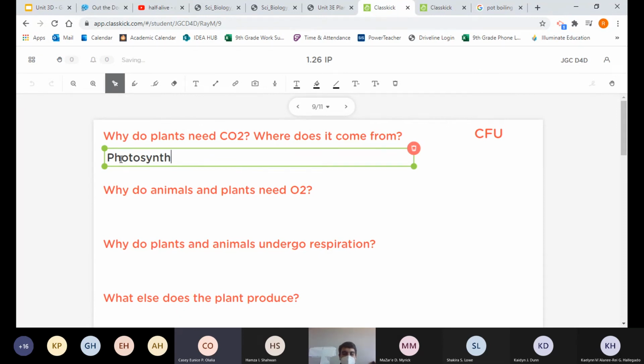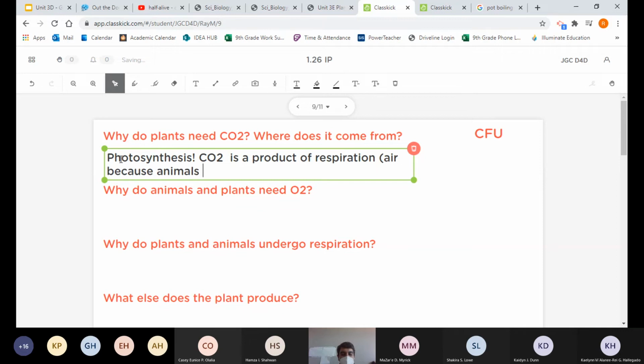Very good. Photosynthesis. Carbon dioxide is a reactant in the photosynthesis equation. Carbon dioxide is a product of respiration, which means it's in the air because animals breathe it out, right?